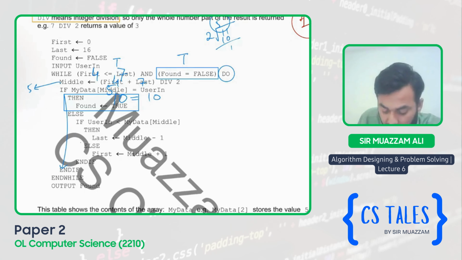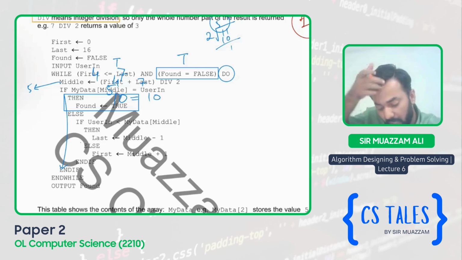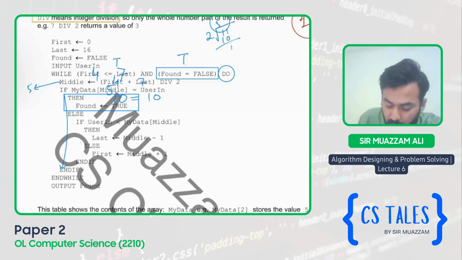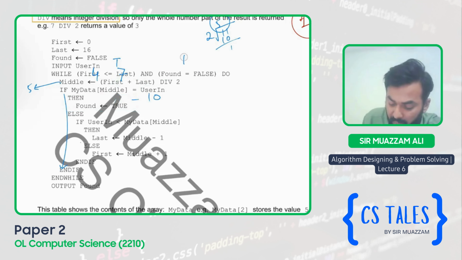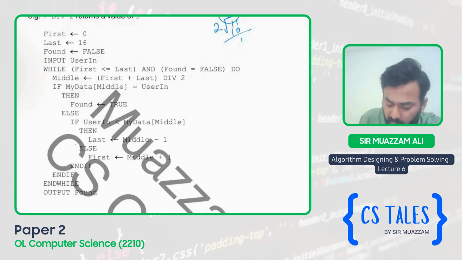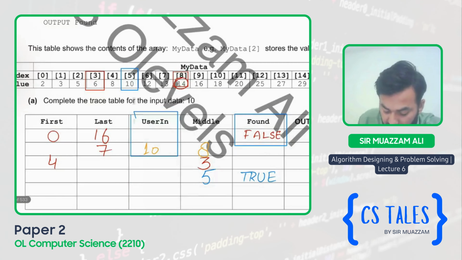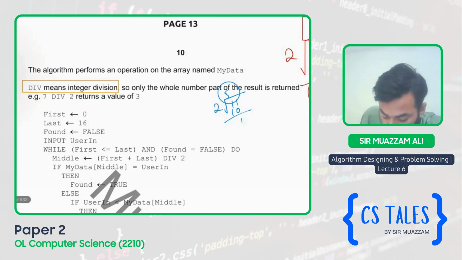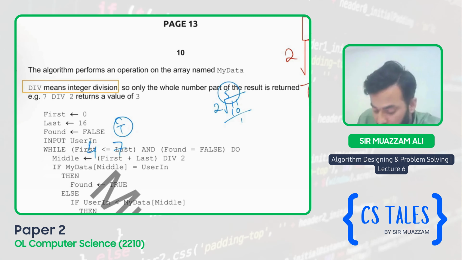End if. Now, whenever you move over here, for the next condition of the while, let's suppose, what are first and last? First is 4, last is 7. 4 less than 7, the condition is true. But is found equal to false?